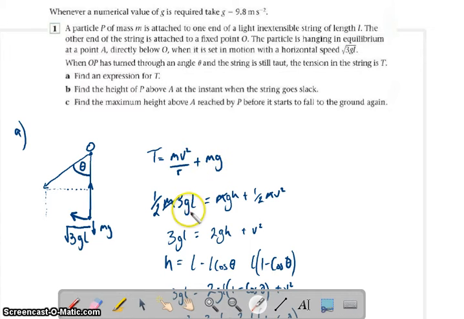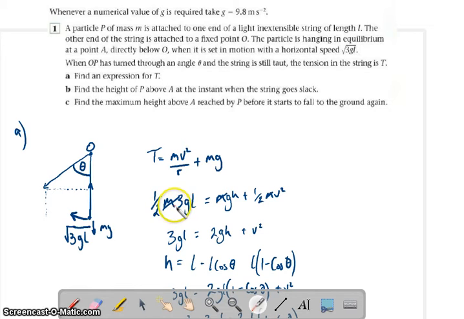Now, that's only valid at this point. As it swings round, you start to bring in a trig function for the weight component that the tension is trying to hold.